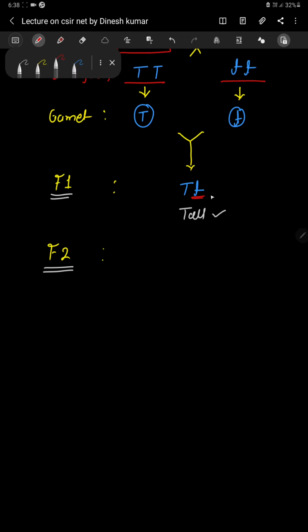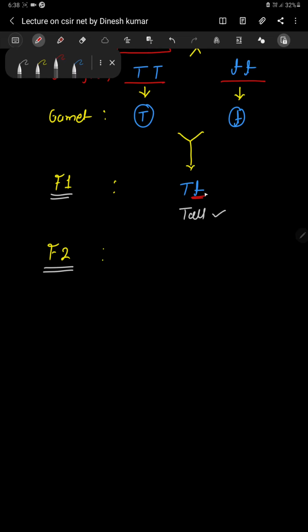Whether this small t characteristic disappeared completely, meaning it never reappears in any generation. Does the small t get mixed with the capital T, so that it will never appear in any generation? This is what we want to confirm.